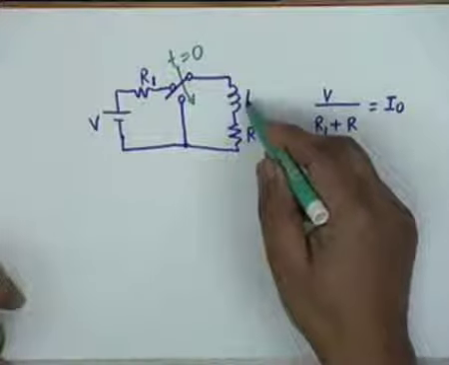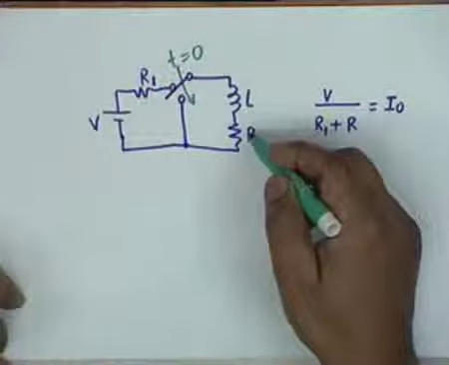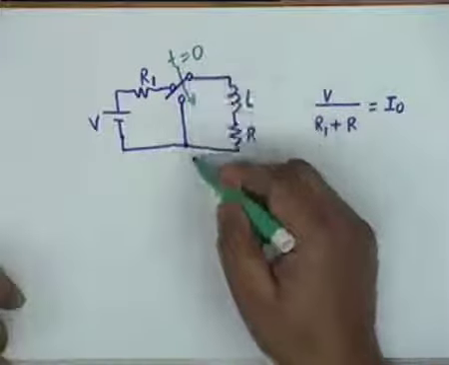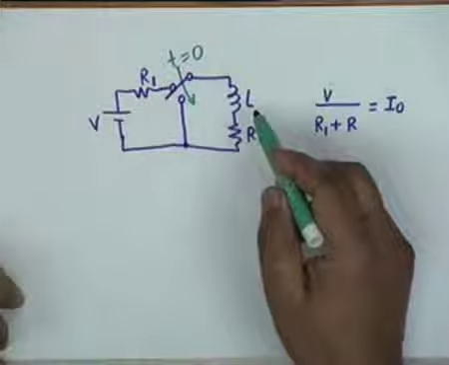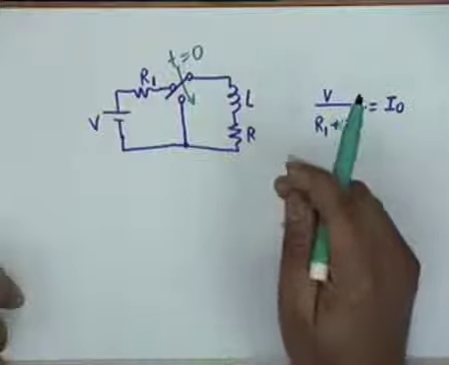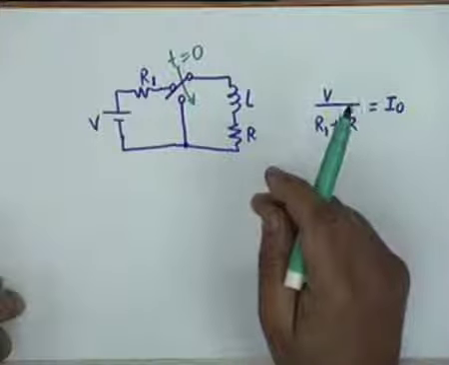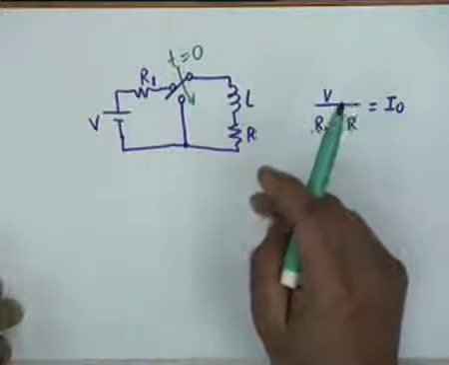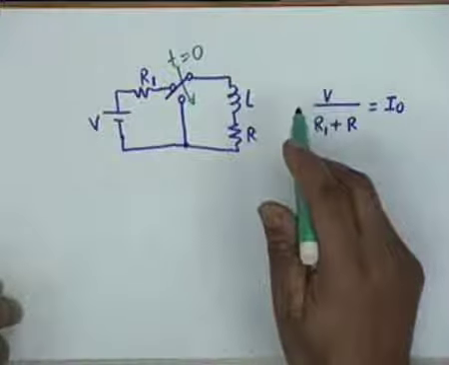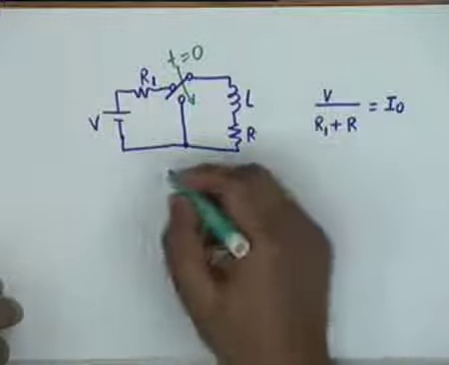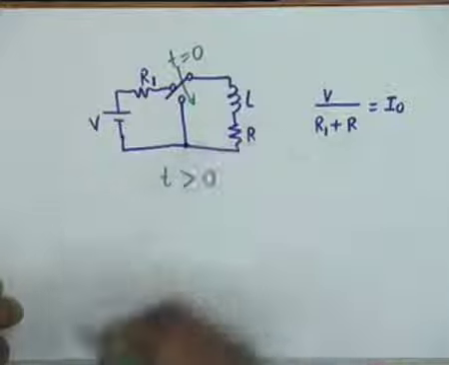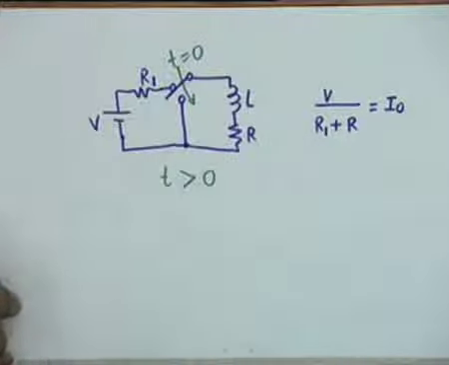Now the inductor and the resistor in series are connected across a short circuit, and therefore the circuit will have a natural response. It is an example of a first order circuit having a natural response. That is, we are interested in the behavior of the circuit at t greater than 0.